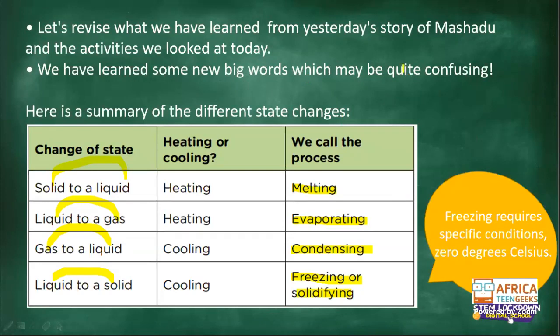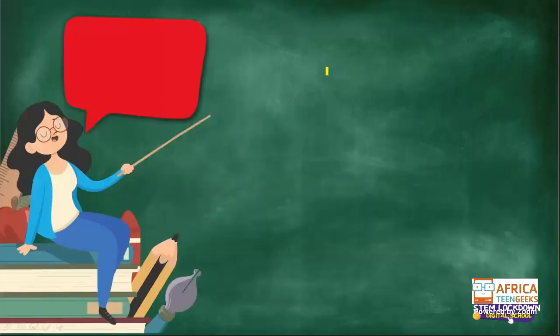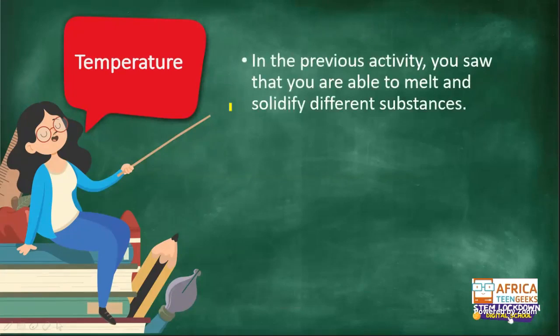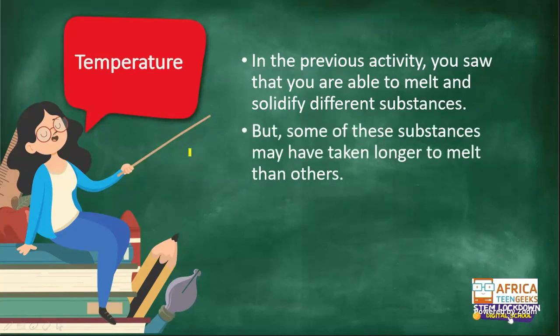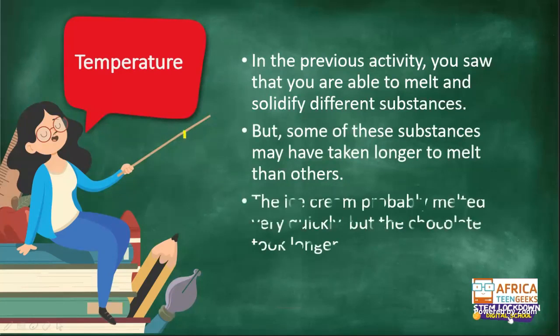Now remember, freezing requires specific conditions. It requires 0 degrees Celsius. Now temperature. You've seen now in the previous activity, we are able to melt and solidify different substances. Some of these substances may have taken longer to melt than others.